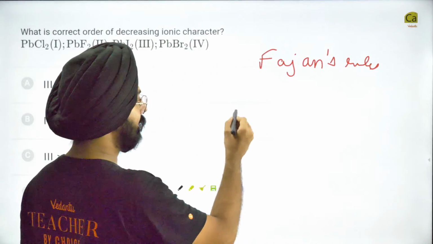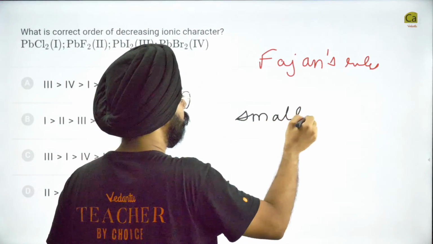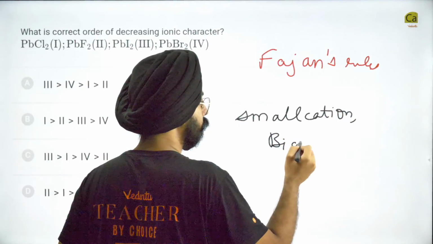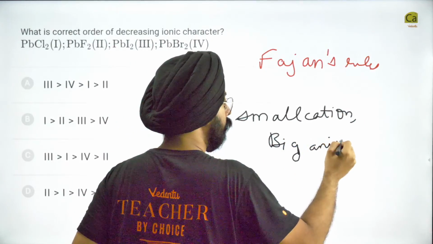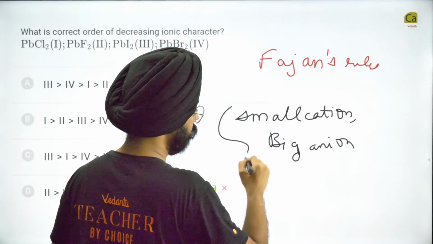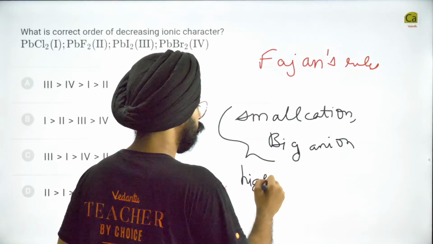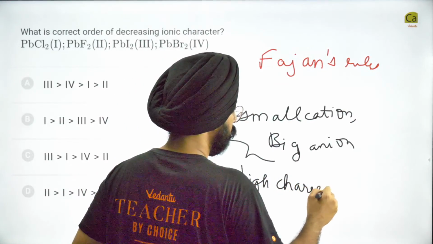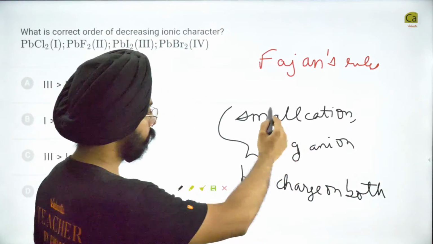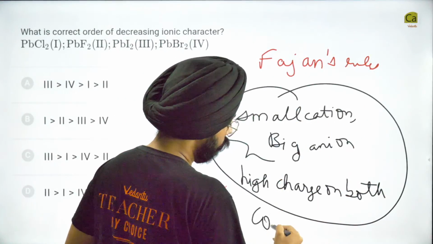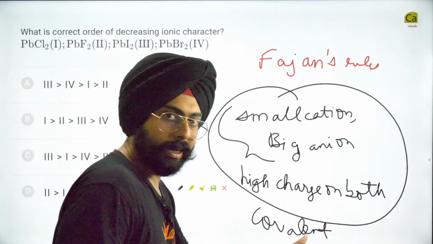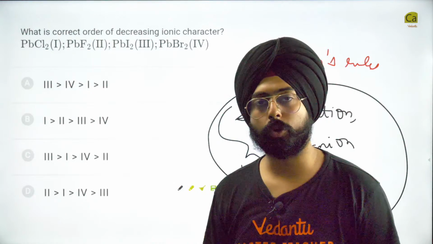Fajan's rules say that small cation, big anion, both with large charge, high charge on both, is the recipe for more covalent character.